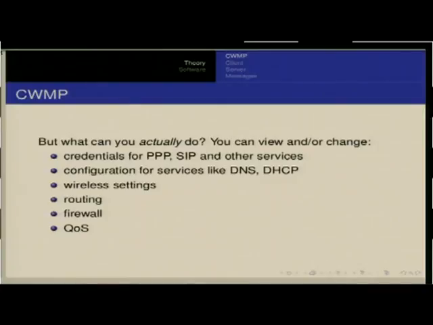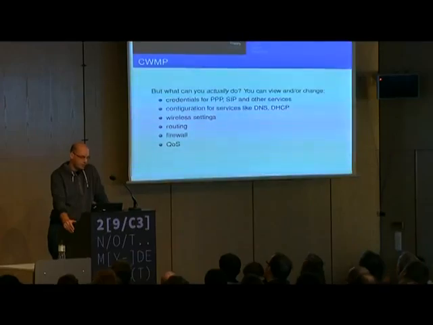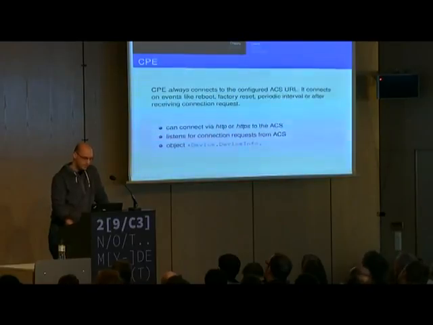You can get or set wireless settings, so keys, SSIDs. You can also change routing and firewall and QoS and many other things. But in 99% of the cases, you almost always just set PPP and SIP.